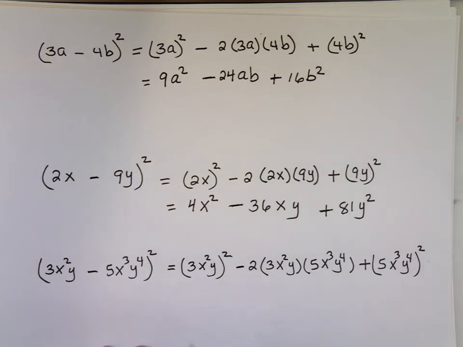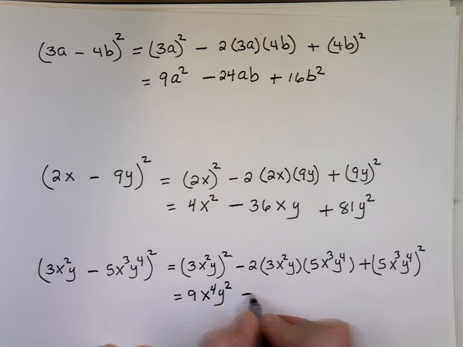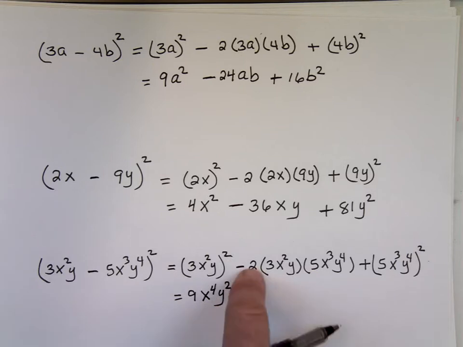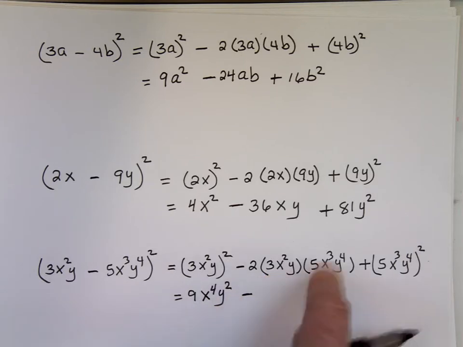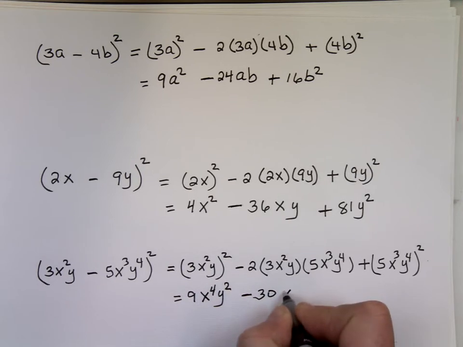And now I'm just going to do each one, then we're done with this subject. 3 squared is 9. X to what power? 4. Y to what power? 2. Power to power, you multiply your exponent. 2 times 3 times 5 is 30. X to what power?